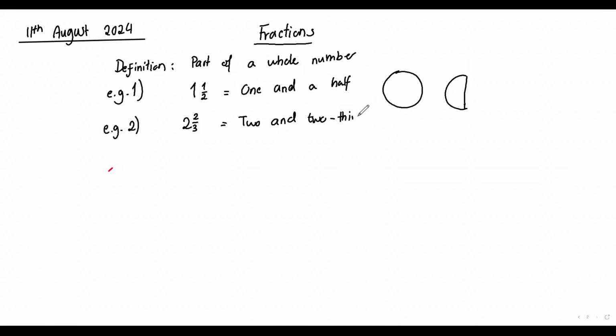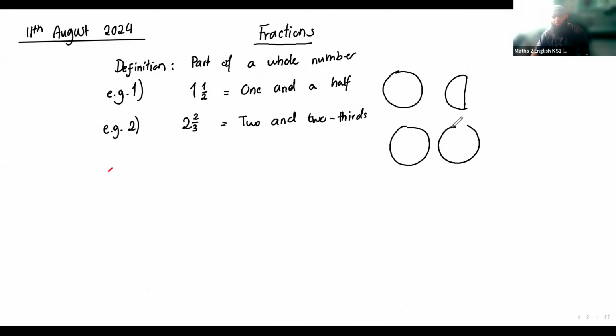And then out of the whole pizza, if we split the pizza into 3 pieces, we actually have only 2 of those pieces, okay? So this is missing. So this is 1, and this is 2/3 of a pizza.